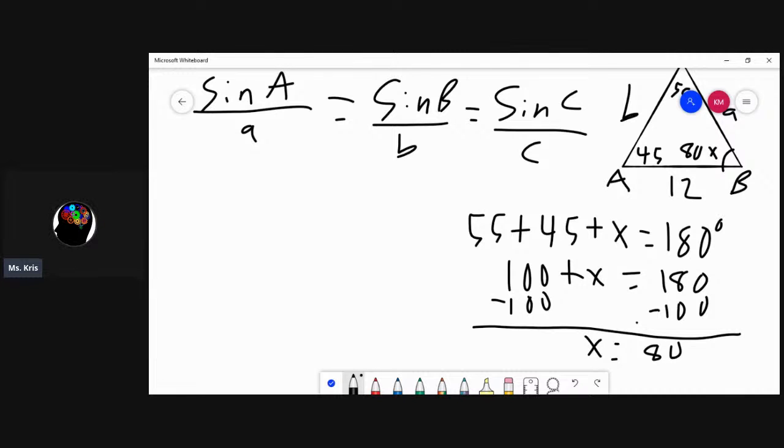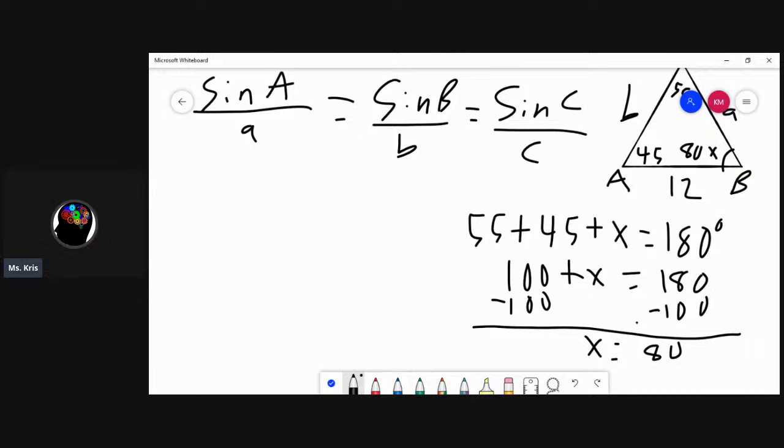So now to find the side lengths of each side, you must base it off of the angles. Based off of the angles, you have to find sine of A and sine of B, and you have to base it off of the sine of these.